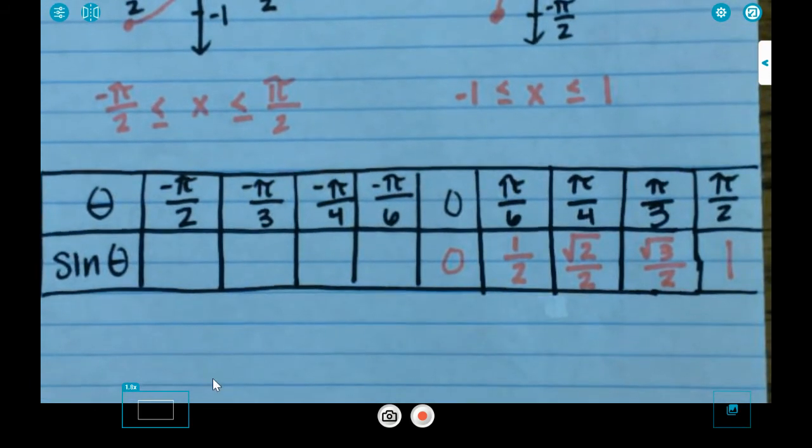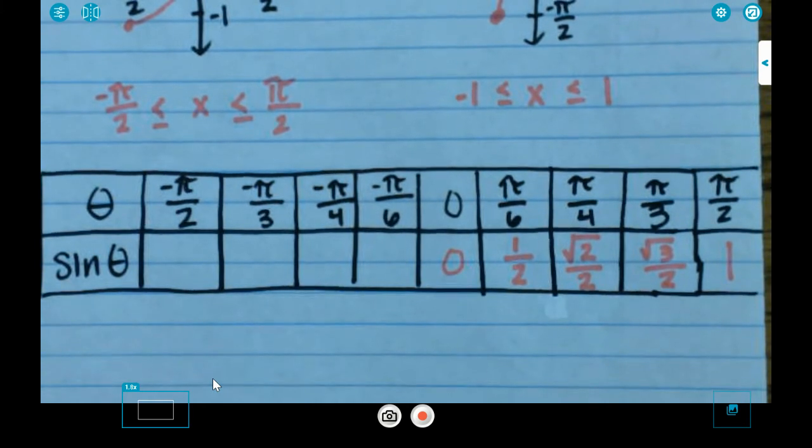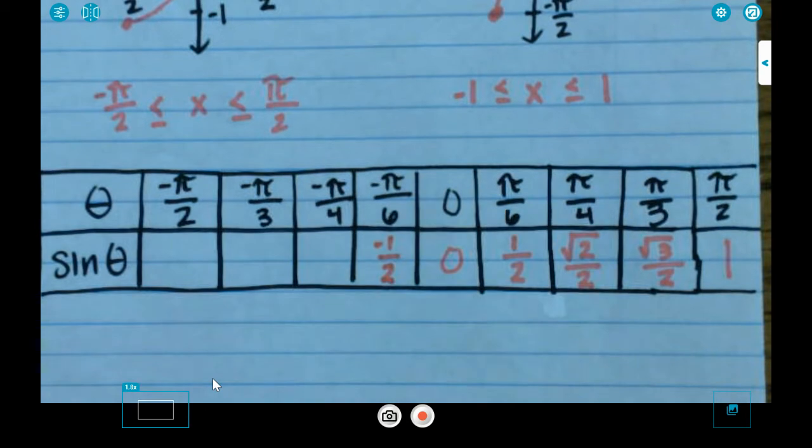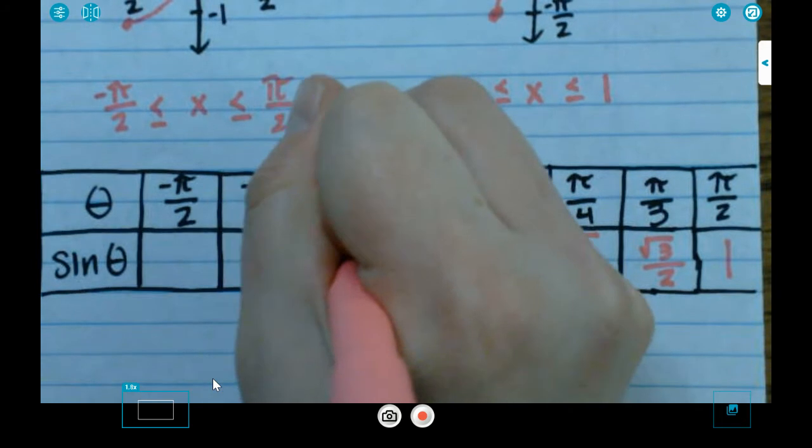Okay, then your negatives are going to be the same but negative. So sine of negative pi over 6 is negative 1/2. Sine of negative pi over 4 is negative rad 2 over 2.